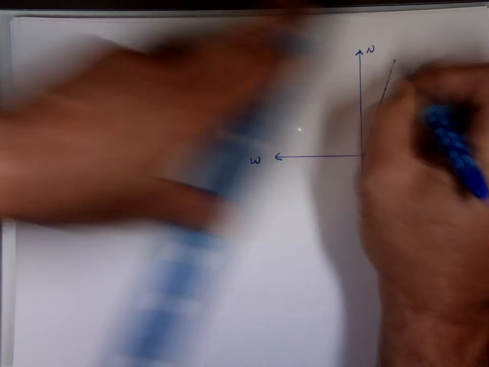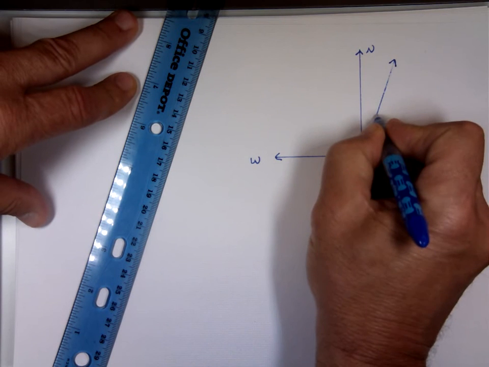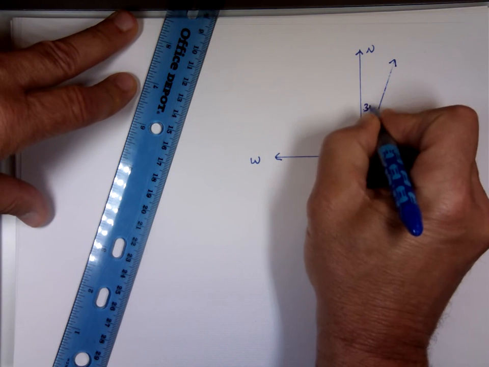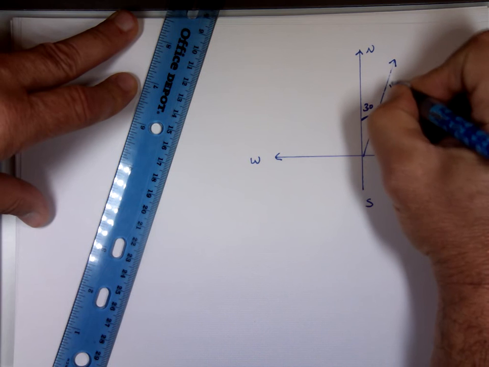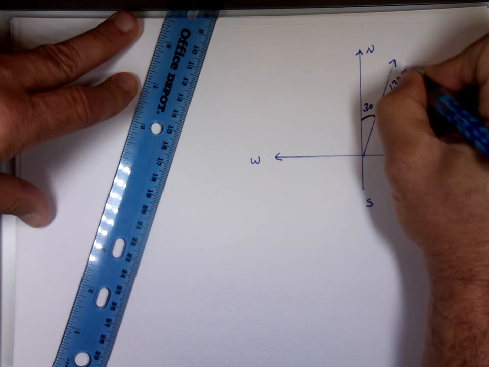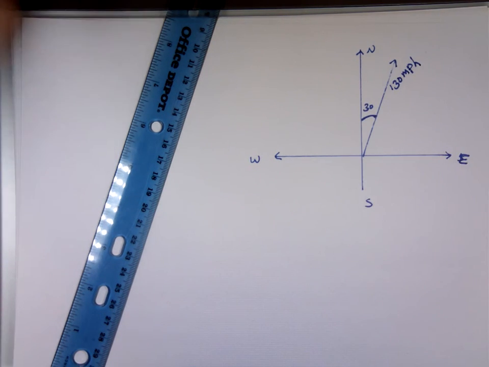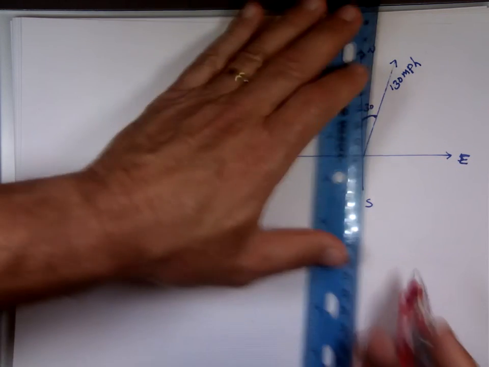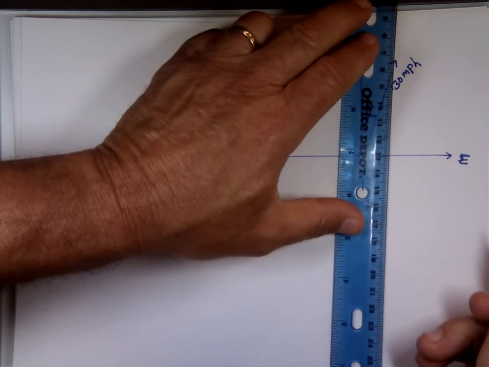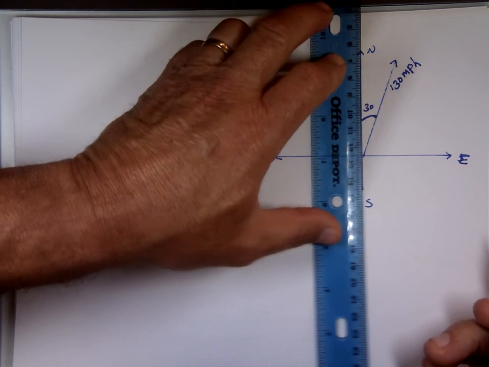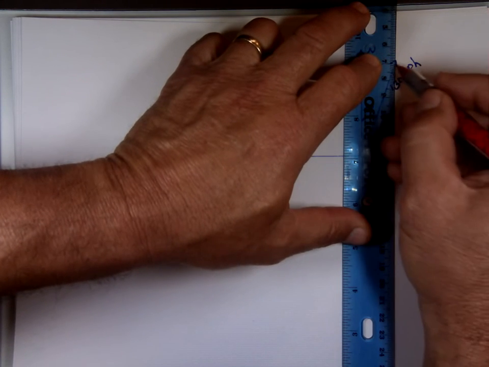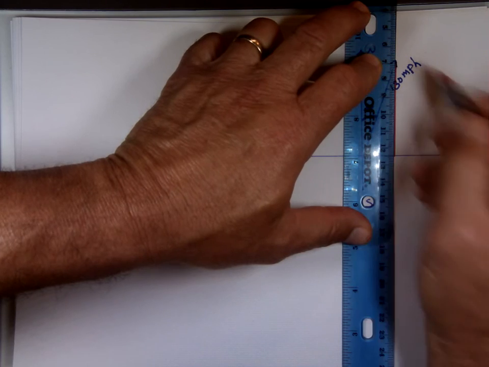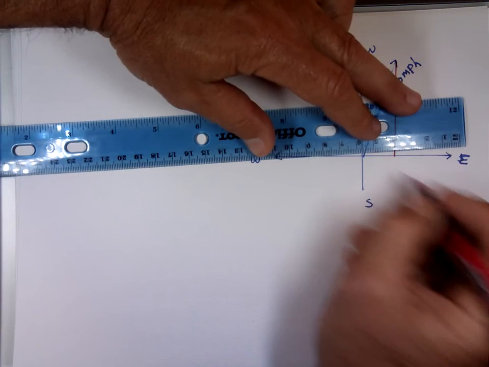It's 30 degrees from here at 130 miles per hour. And what we need to know is the x and y components for that. What is the speed of the plane going in that direction? How fast is it going north? And how fast is it going east? Because the plane is going to be going both directions.